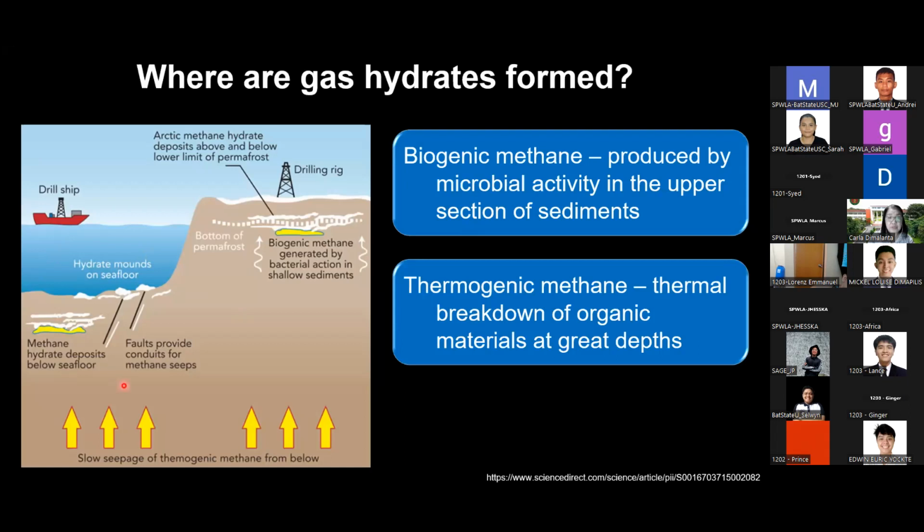This is what we typically see in the offshore deeper areas. This refers to the thermal breakdown of organic materials at great depths. So in both cases, you need organic materials. In the biogenic case, you need microbial activity in order to form the gas hydrates.